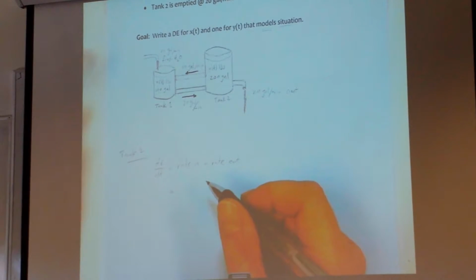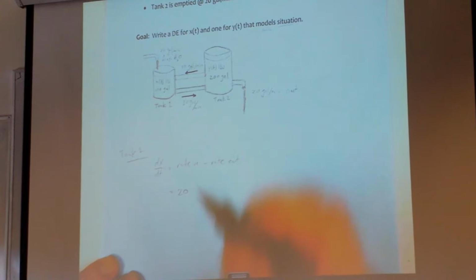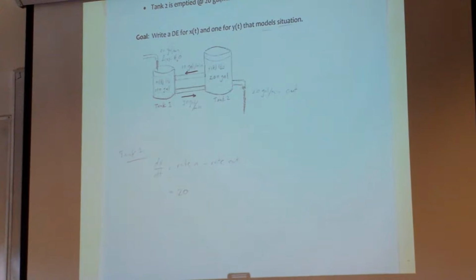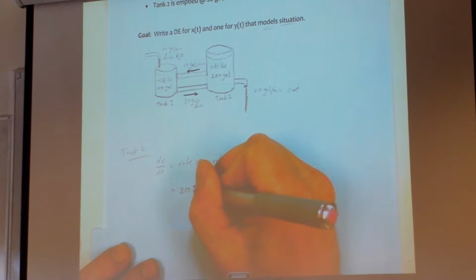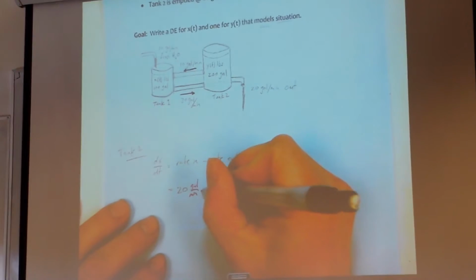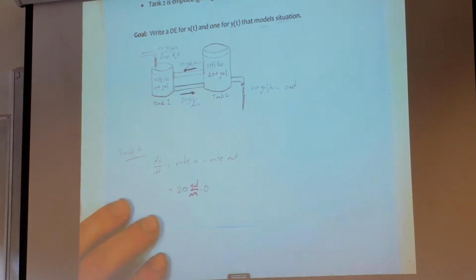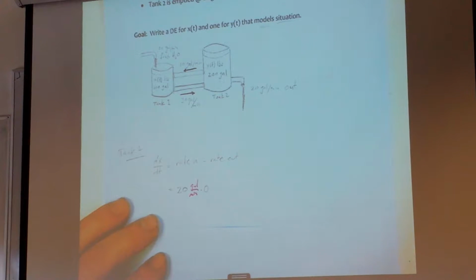All right, so let's talk about the rate in. We got 20 gallons per minute coming in, and I like to put the units in there, highlight them. Gallons per minute. And what's the concentration of that stuff? 0 pounds of salt per gallon.